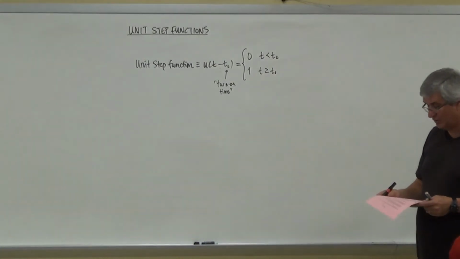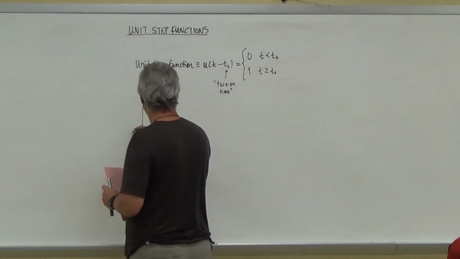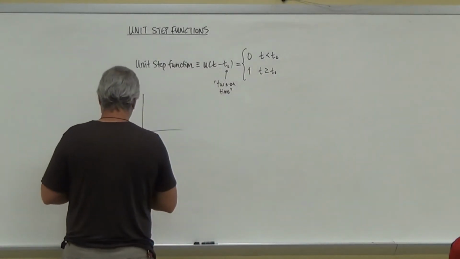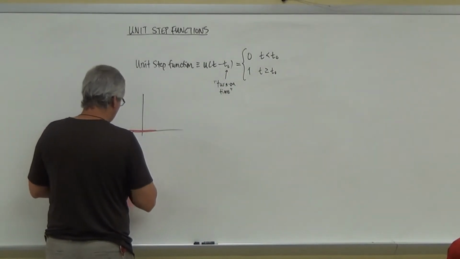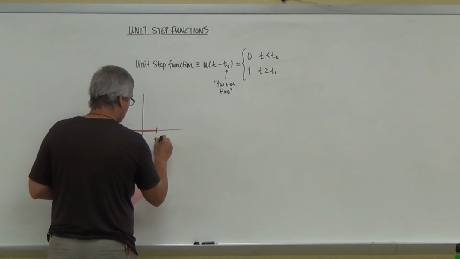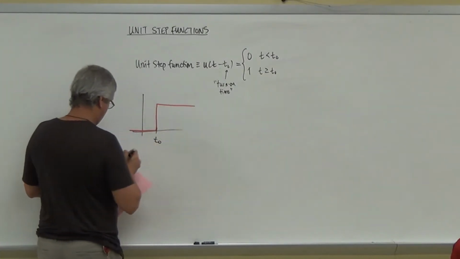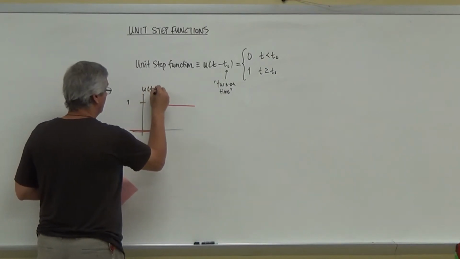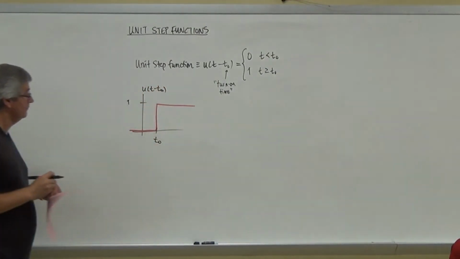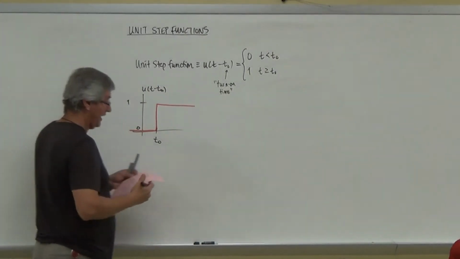If I was to graph this function, it literally looks like this. It's always 0, and then as soon as you get to t naught, it jumps up, where this value here is just 1. So it's either 0 or that.